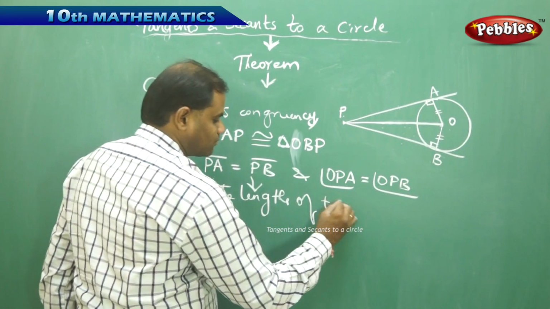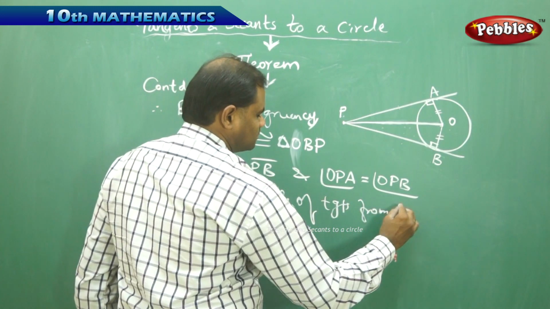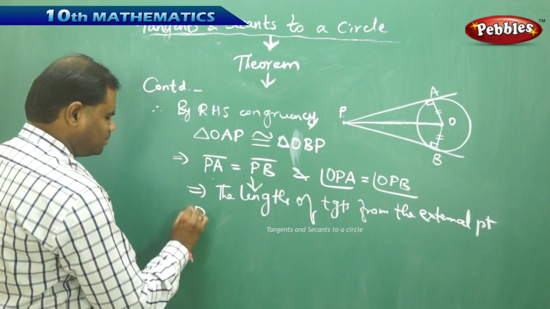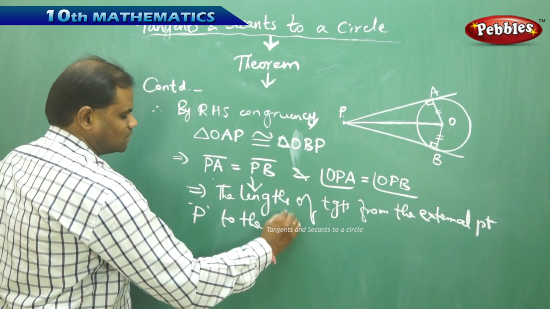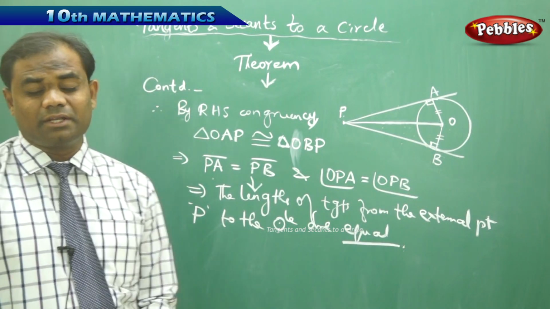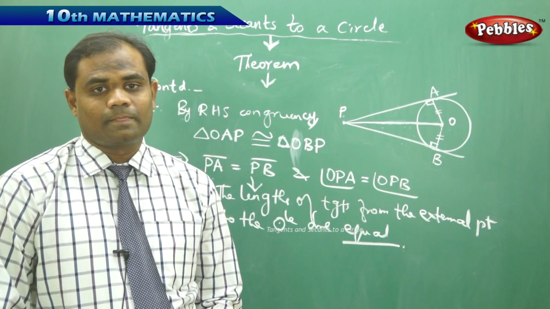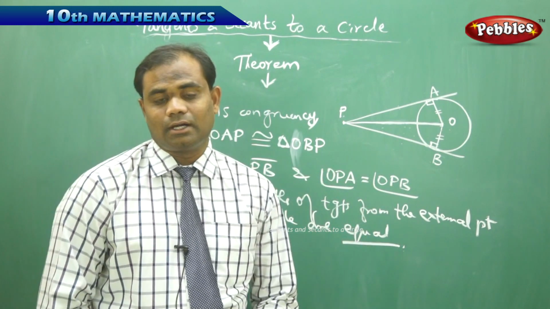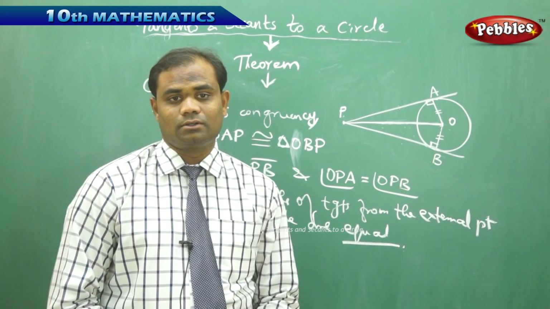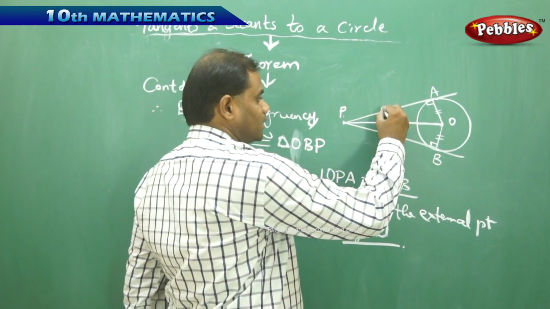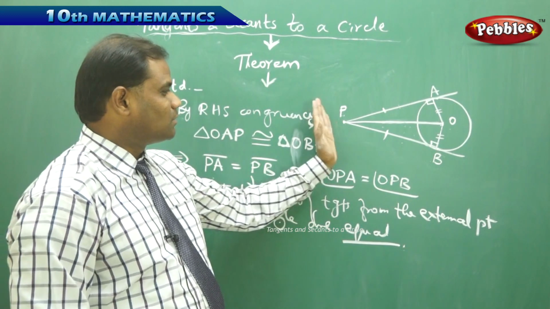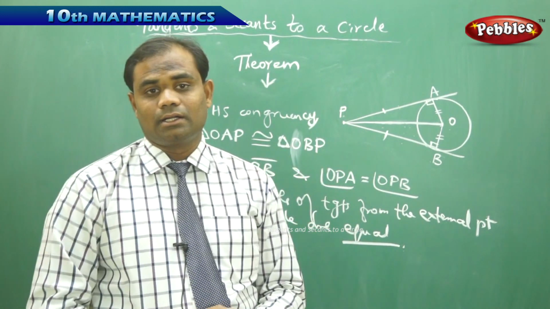That implies the lengths of tangents from the external point P to the circle are equal, which is what we conclude with the statement of the theorem, and is how we get to the RHS congruency of two triangles connected with the lengths of tangents being equal. So whenever we draw an external point, we assume that these two lengths are always equal for any point outside the circle from where the two tangents are drawn.